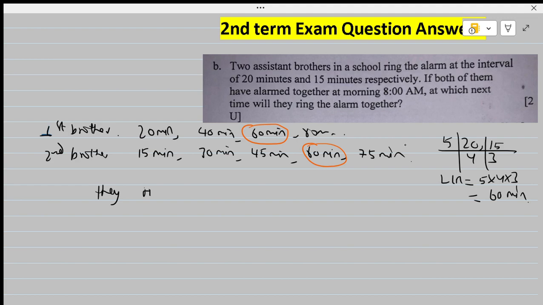So you can see here they will ring the alarm together after 1 hour, that is 60 minutes. That is 1 hour.